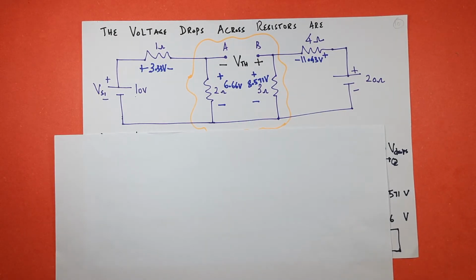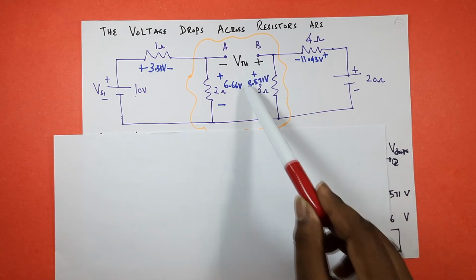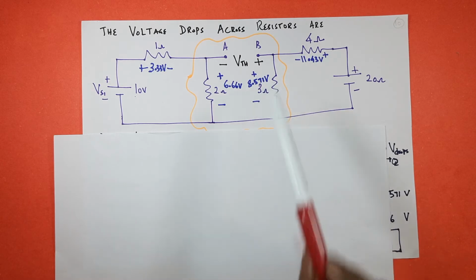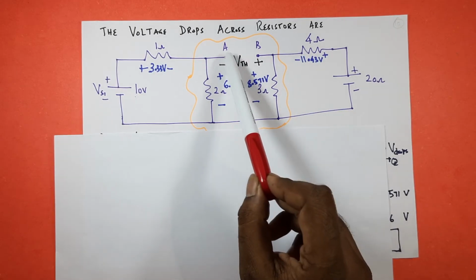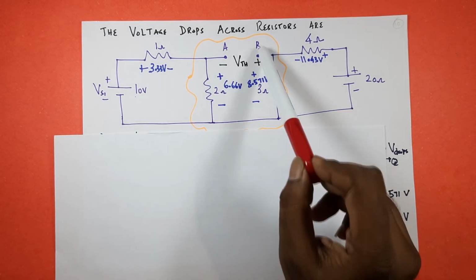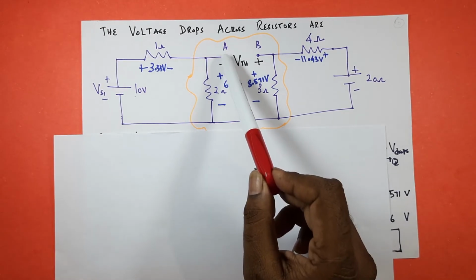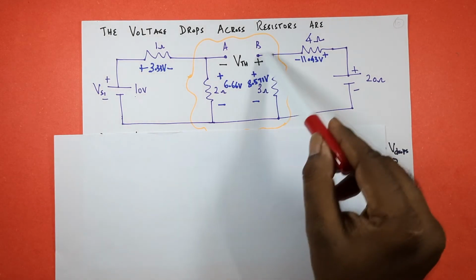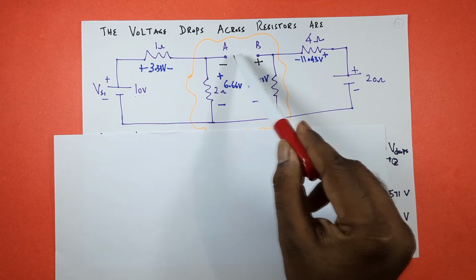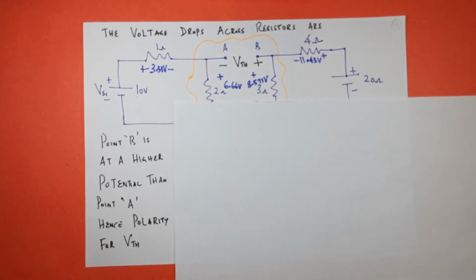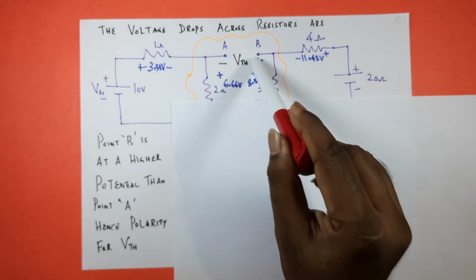See, the voltage at point B is 8.5. Okay. Voltage at point A is 6.6. So the voltage at point B is greater than the voltage at point A. In other words, the potential at point B is greater than the potential at point A. So therefore, put plus here, higher potential, minus here.